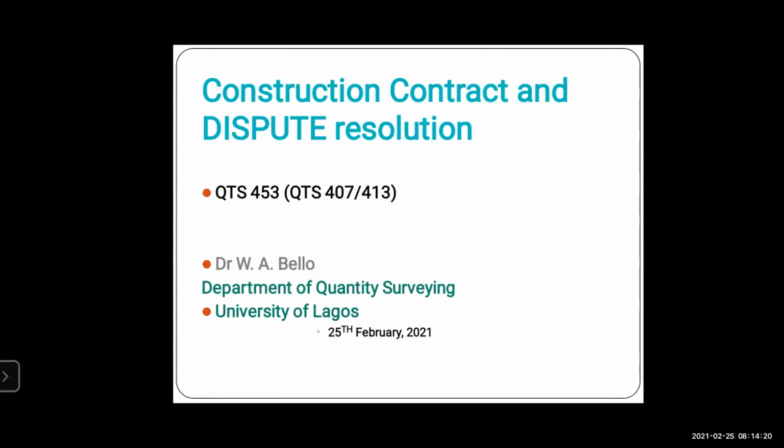And of course, being guided by the international conventions, treaties, and standards. So that is why whenever you are involved in an international construction contract, there is need for you to understand some of these conventions, treaties, and of course standards, vis-a-vis whatever form of contract is being used.